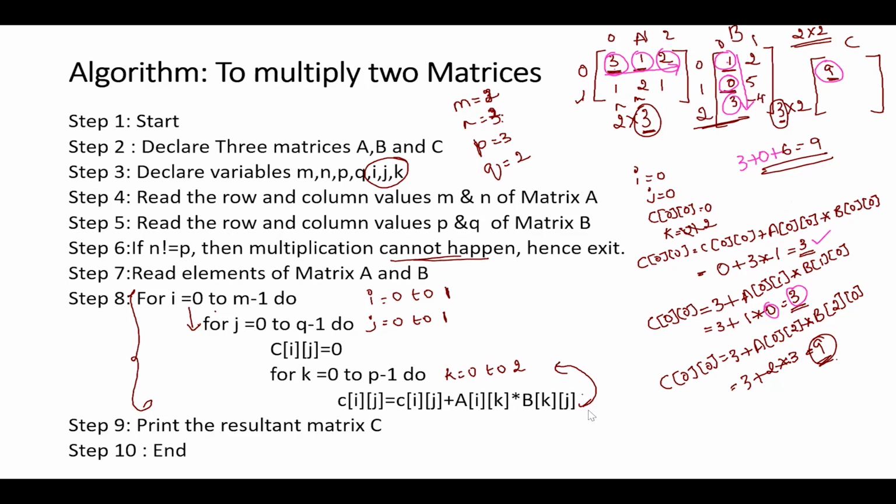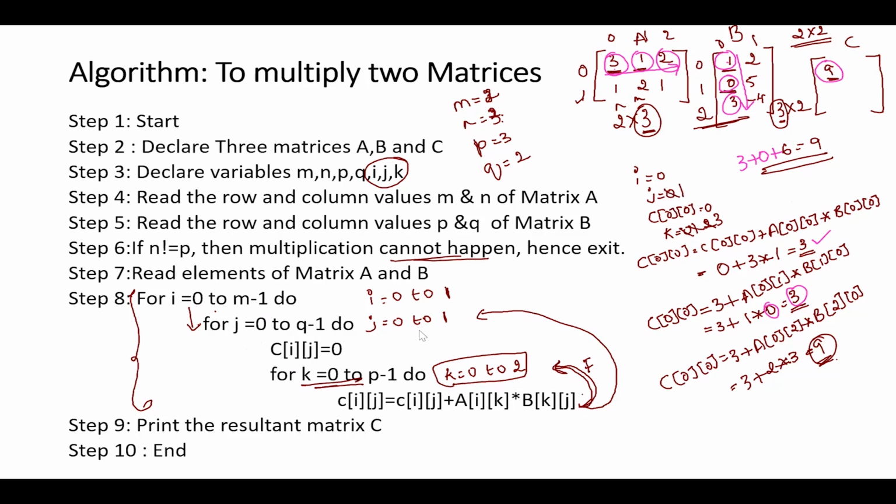What next? Now next, once again after the calculation, we are going to come here and change the value of k to 3. But then as you can see, the for loop fails as we need to only iterate up till 2. Hence this loop becomes false. Once this loop becomes false, where we need to go? We need to go to the next inner loop, which is nothing but j. Which means now the j value is going to get incremented to 1.